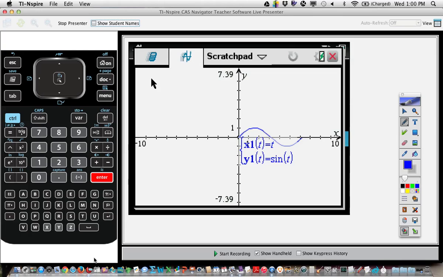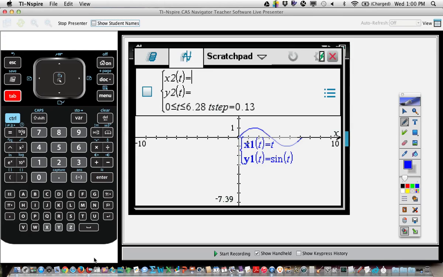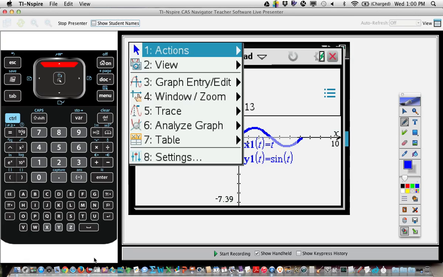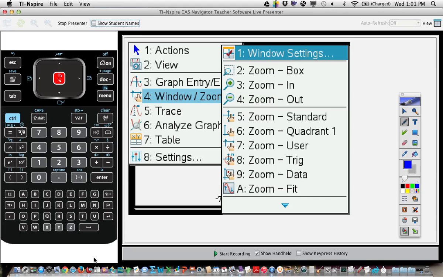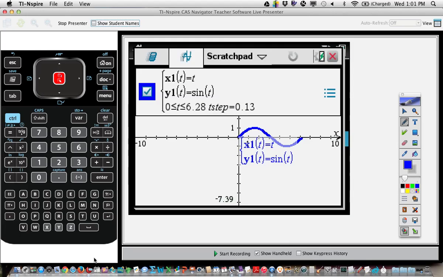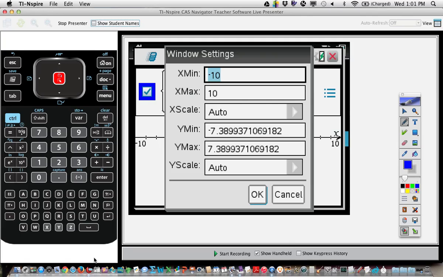Now, let's go ahead and change our window just a little bit, Bree. Let's not see so much of that x and y. So in our settings, let's go from -1 to about 12. That's fine. And then our y, let's go about -2 to 2.